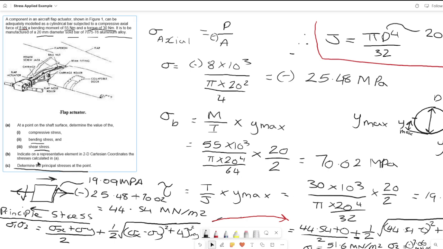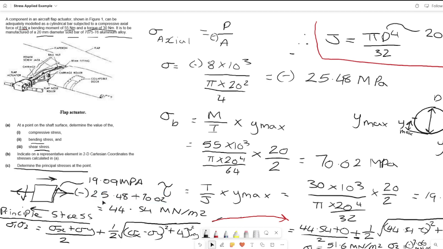The third part is where it's asking us to model an element showing how the stresses would behave in this particular situation. So we've modelled the element. We can see the axial stresses and how the shear stresses behave in the directions. We've then added the bending stress and the axial load, which is acting in this direction.